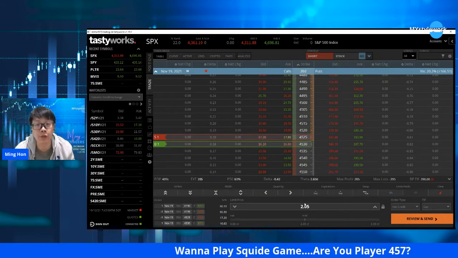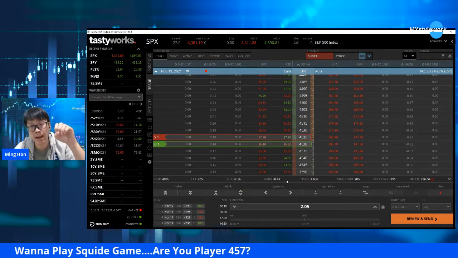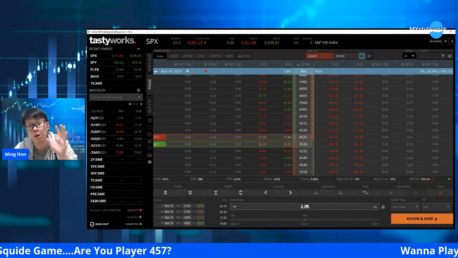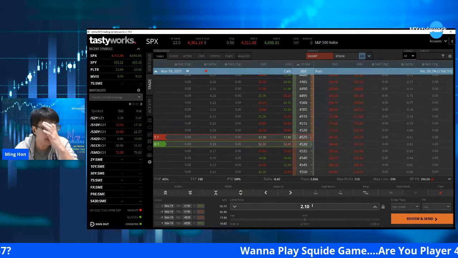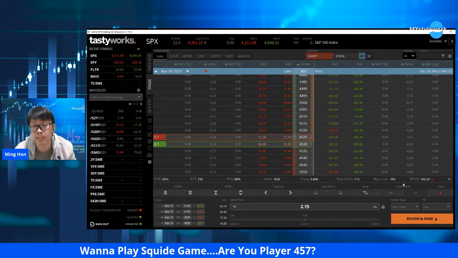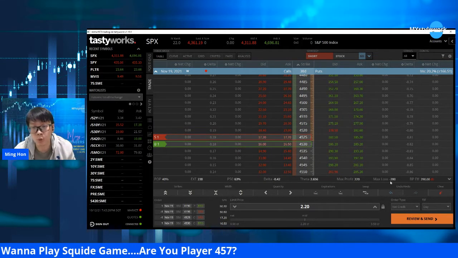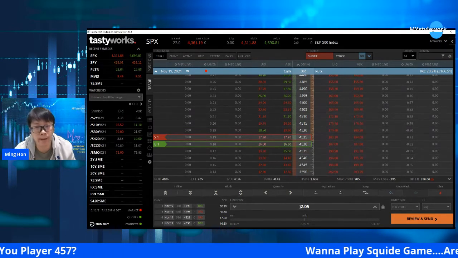In total, the bull put spread plus the bear call spread, I will collect $2.05. With this $2.05, I would have a potential max loss of 200. The price is moving, so it will be between $2.10 to $2.